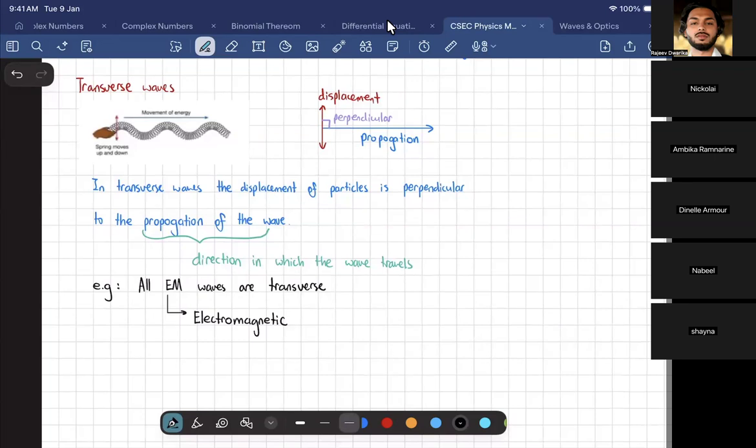So let me show you what that would look like. An example would be that all EM waves are transverse. Another example is an S-type. Wait, let me get the exact thing for you.